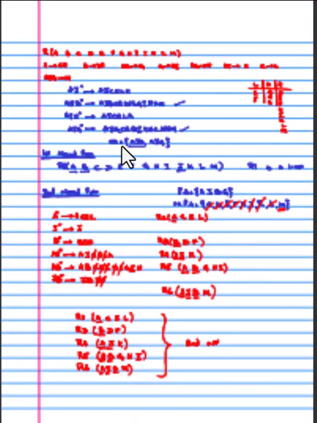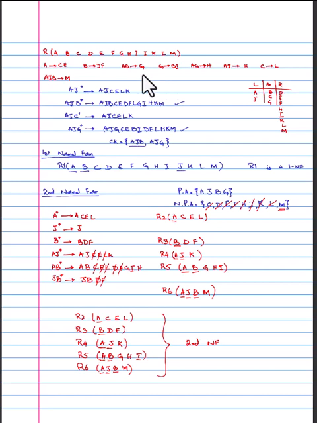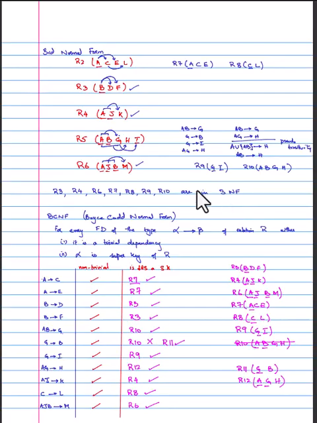You can see here, AG identify H, AB identify G. This means AB identify ABG, and then inside ABG, AG identify H. So H is dependent on AB. So it will become ABGH, and then you can see G identify I.